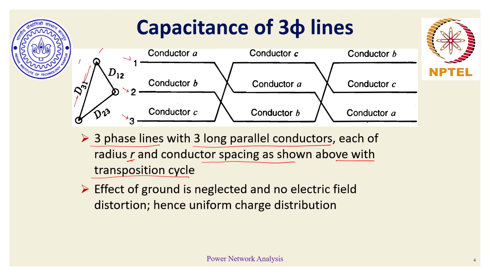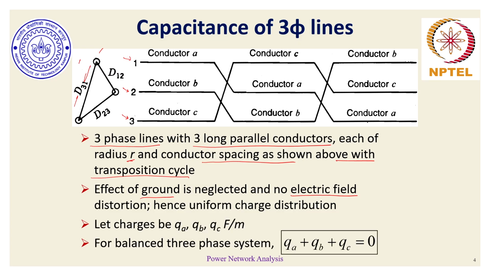For our discussion, we will for the time being consider the effect of earth or ground to be neglected. Field distributions are perfectly smooth. The charges are all residing on the surface of the conductor. The charge distribution is uniform on the surface. No distortions or non-idealities exist.